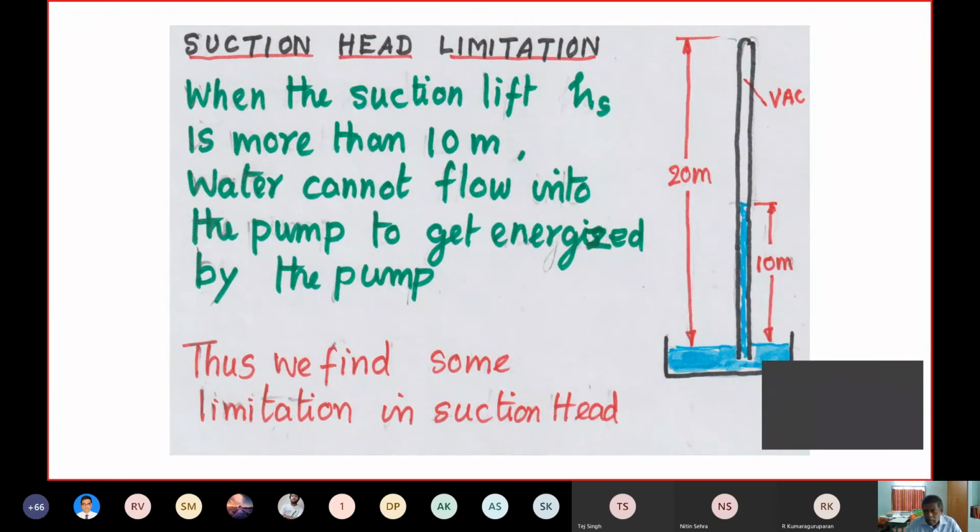Even if the height of the barometric tube is 20 meters, water will go up to only 10 meters. Above that, the vapor pressure or vacuum is there. So in the suction, the maximum height you can provide is about 10 meters. That also is not exactly 10. You have to give way for the vapor pressure and the head losses.